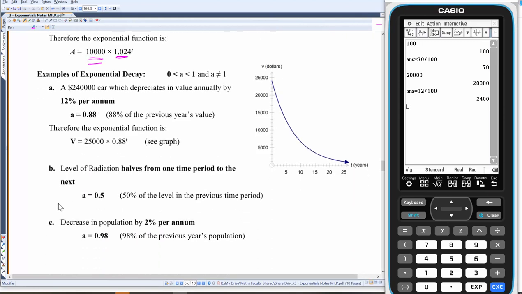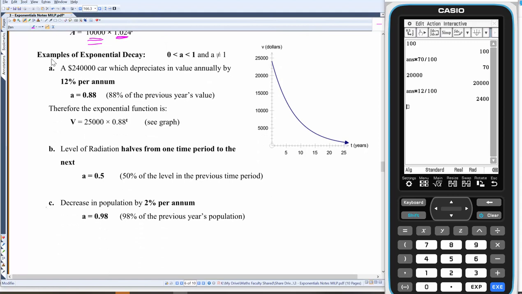What about decay? Well, this is the example of the car. Bought a car for $24,000, decreases or depreciates at a rate of 12% per annum. Our A value is 0.88. The start value is the initial value of the car, which was, well, that should be 24,000, but anyway, here it is over here.